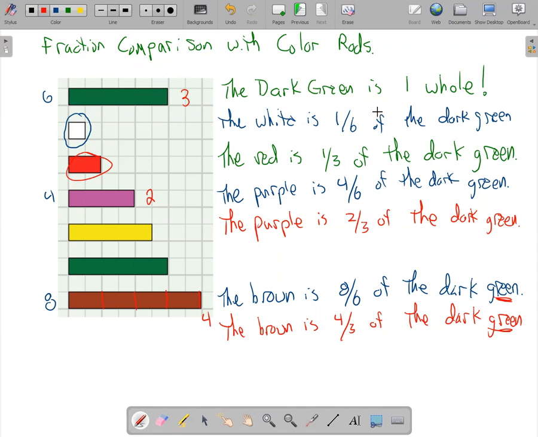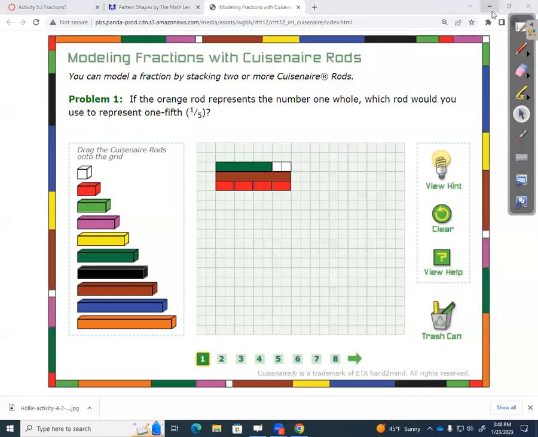If I consider it again as a whole, then for sure the brown is 1 whole dark green plus that little bit of extra. Well, how much extra is that on there? Well, the dark green had 3 of those.